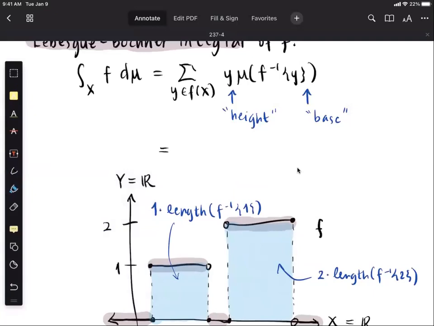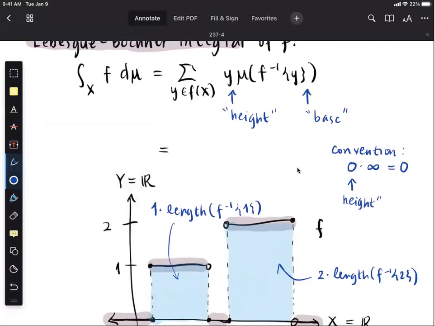Now, with the convention that 0 times infinity is 0. So here, this would be your height.